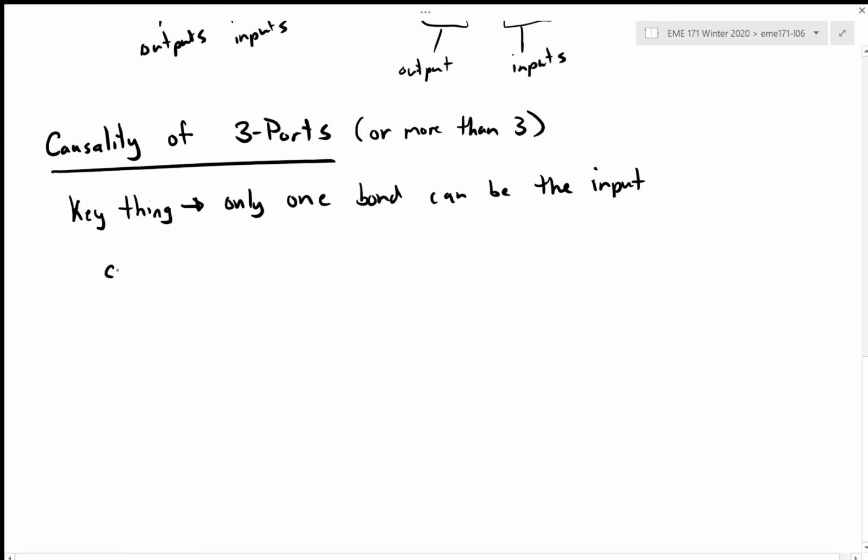So let's start with the common effort junction. That is a 0. And we know that all the efforts are the same and that the flows have to be summed.